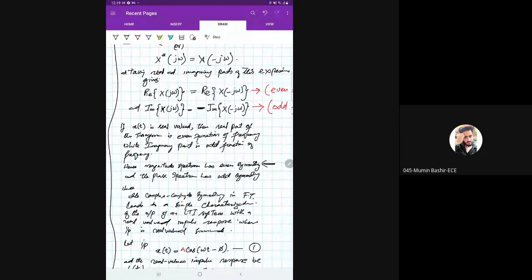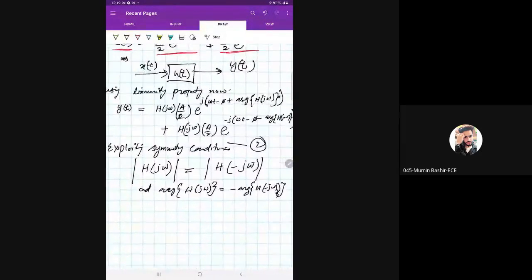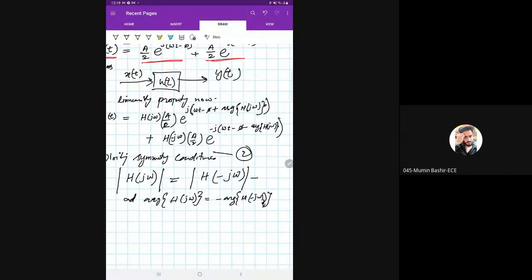So the phase spectrum has odd symmetry. That is why I have changed it like this.